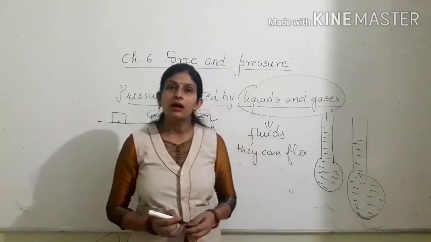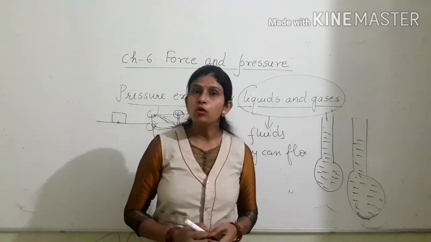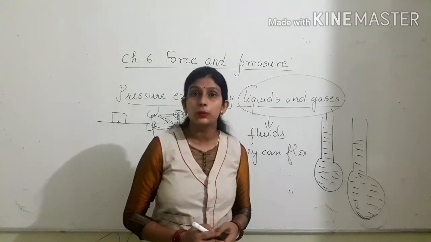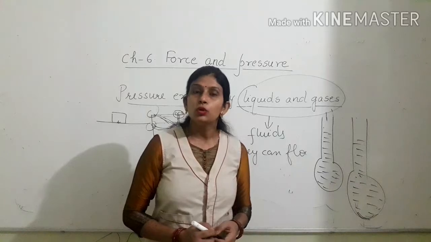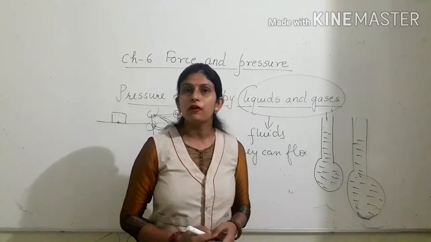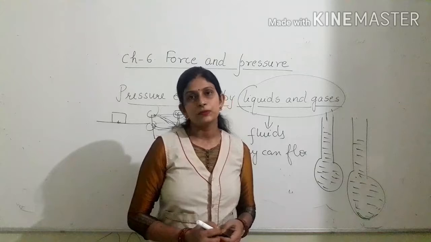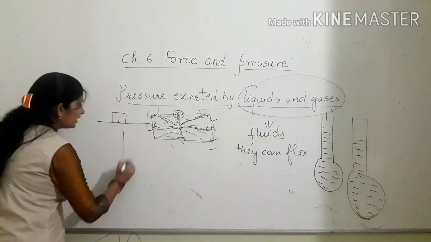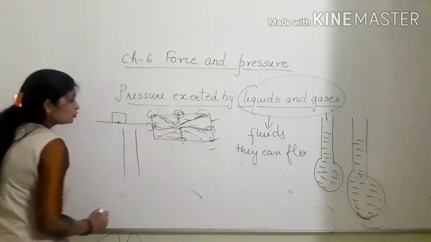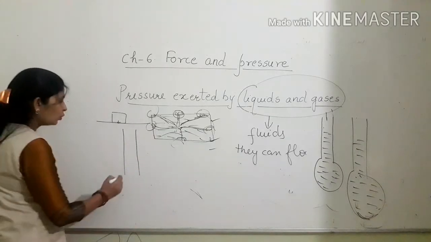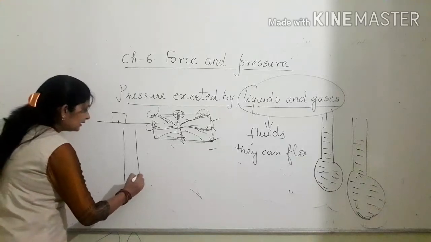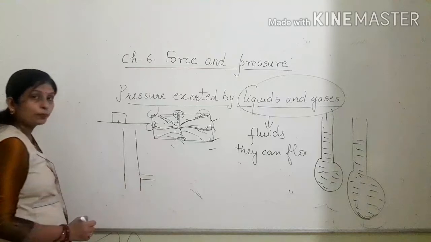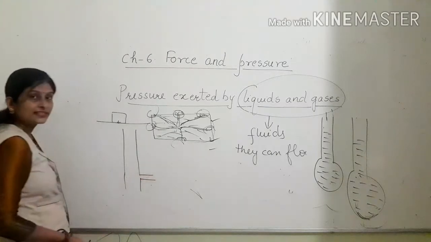Now, there are many more interesting properties associated with the pressure exerted by liquids. To know these properties, first of all, we will perform a few experiments. First of all, we will take that same tube or hollow pipe. Then we will make a tap-like opening on one side.